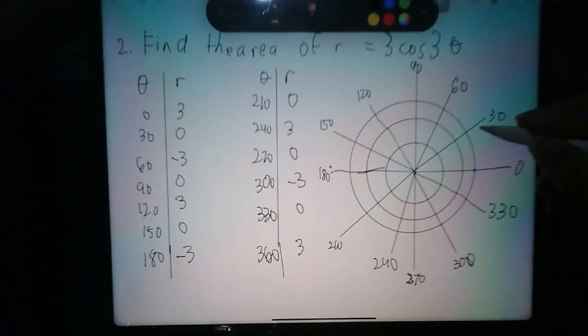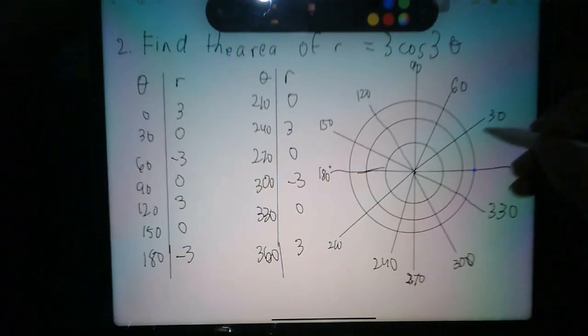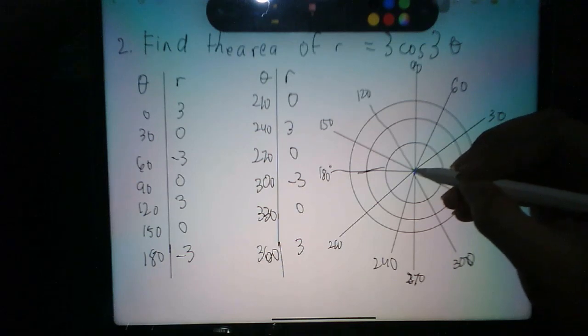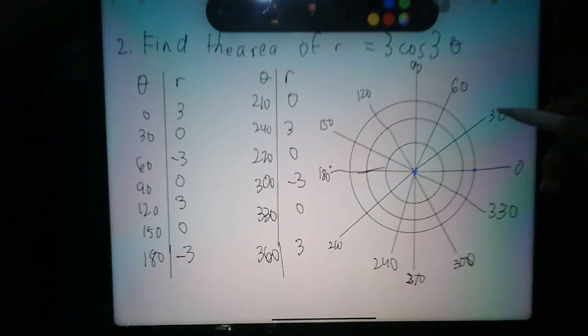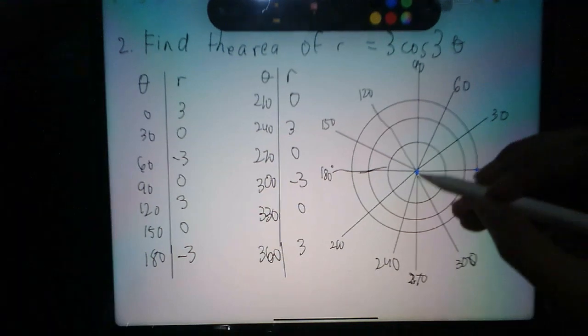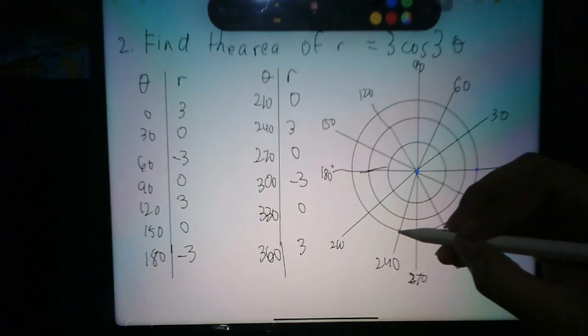If our 30 degrees is equal to 0, we put it at 0 here. 60 is negative 3, so we put it negative 3 here, the opposite.